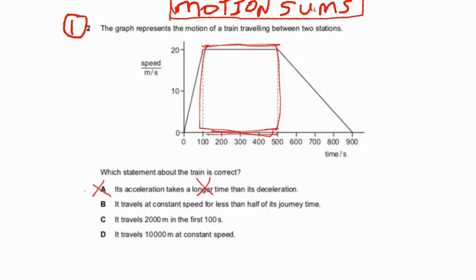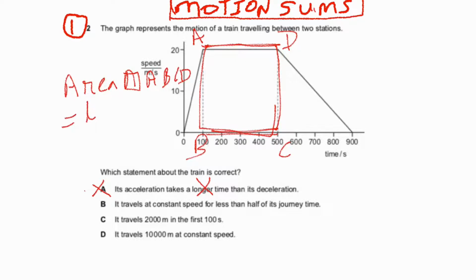Here we can see it is forming a rectangle. Let's assume it is ABCD. Area of rectangle ABCD equals length into width.